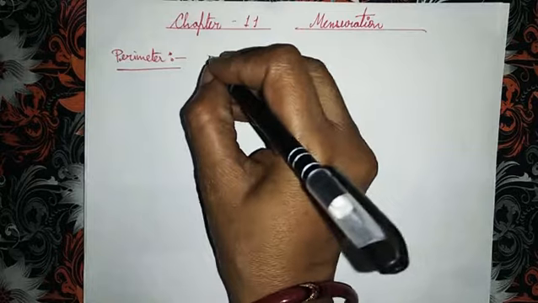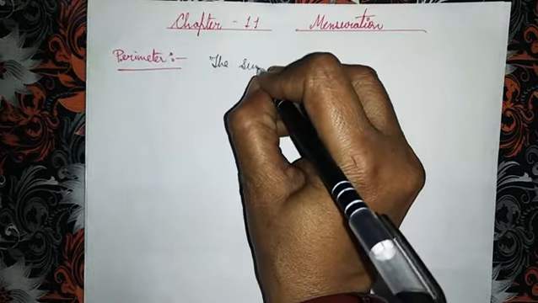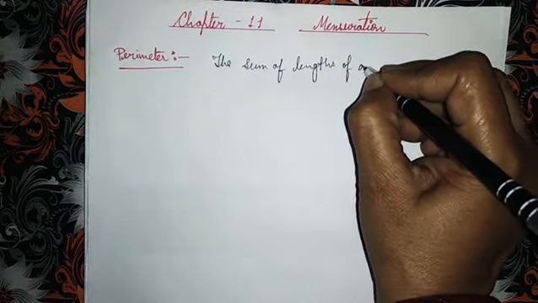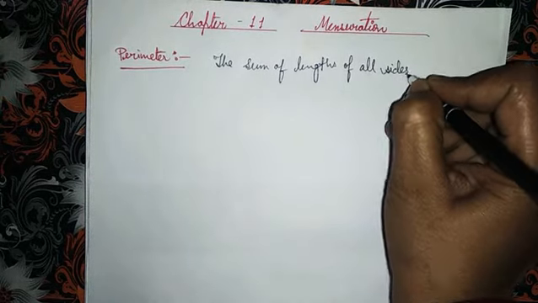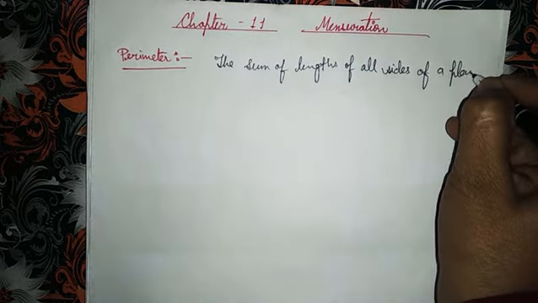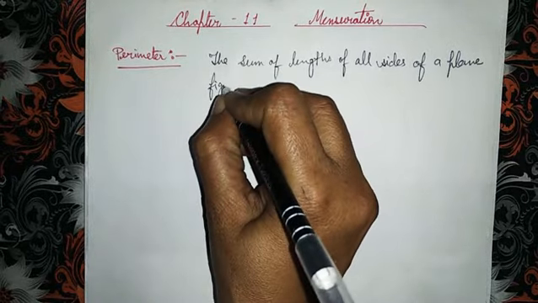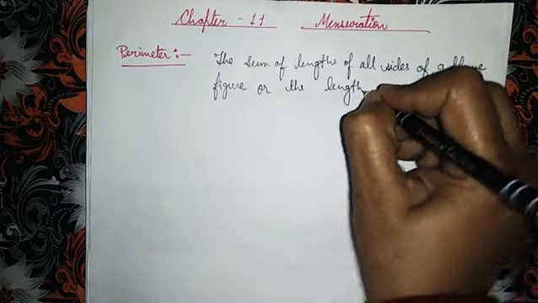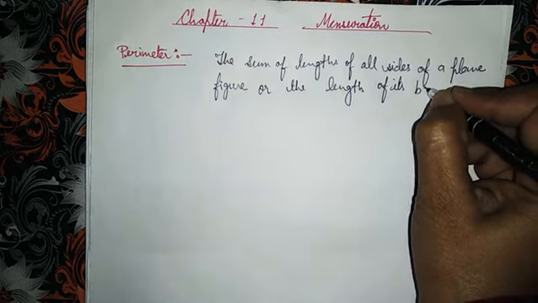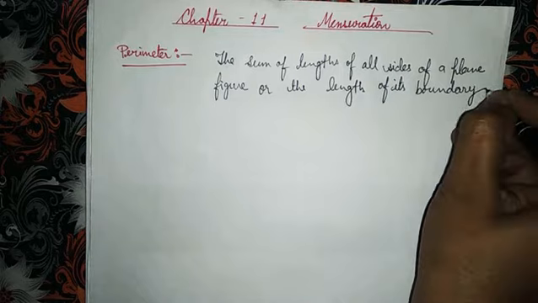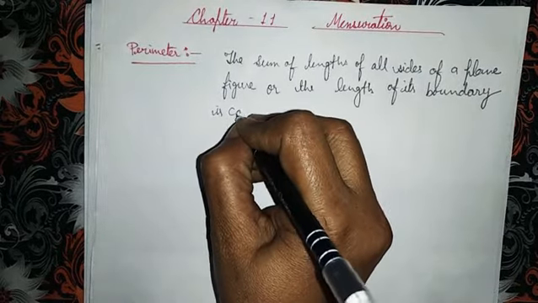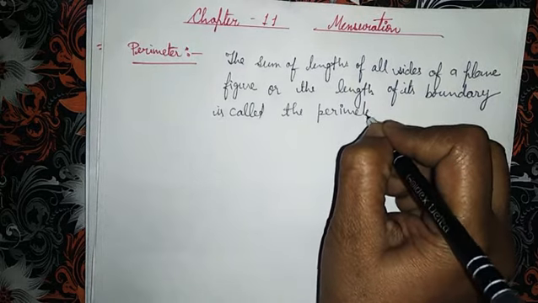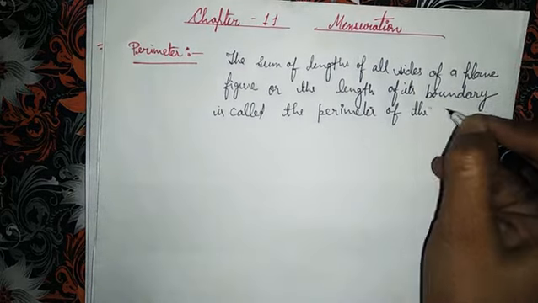So students, what is perimeter? The sum of lengths of all sides of a plane figure or the length of its boundary is called the perimeter of the figure.